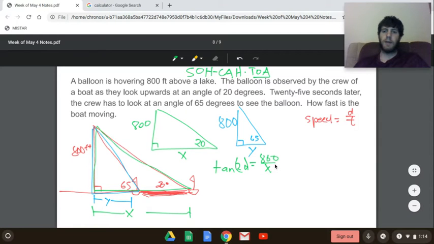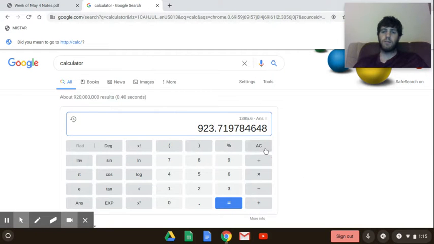Okay, multiply x on both sides to get it out of the denominator. Okay, then you have x times tangent of 20 equals 800. We can divide both sides by tangent of 20. So we get x is approximately 800 divided by tangent 20.